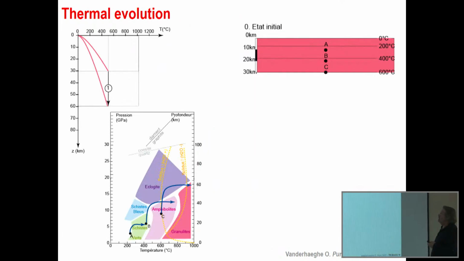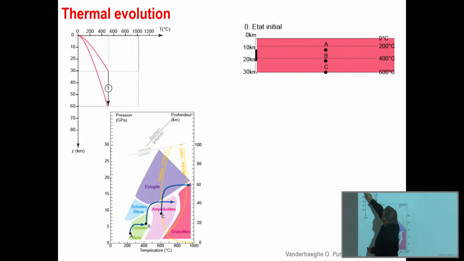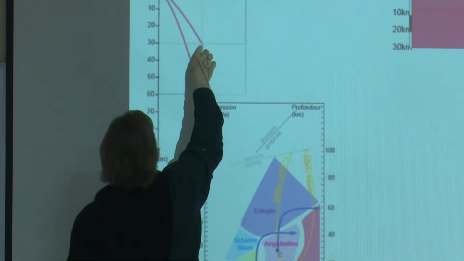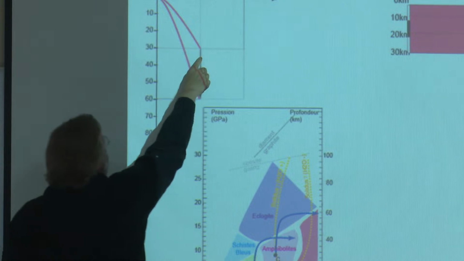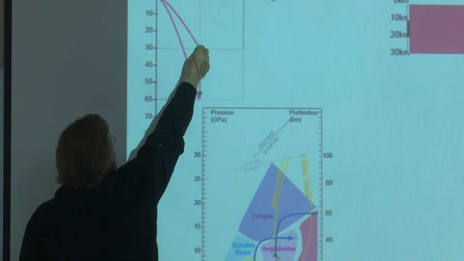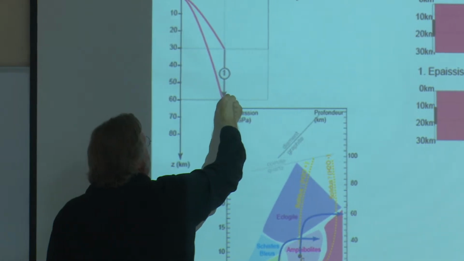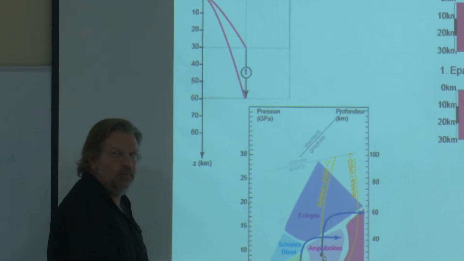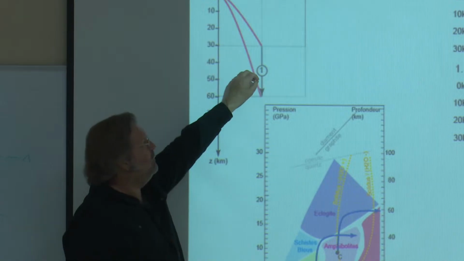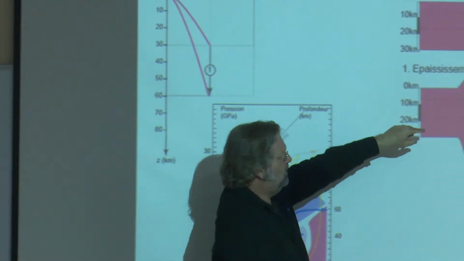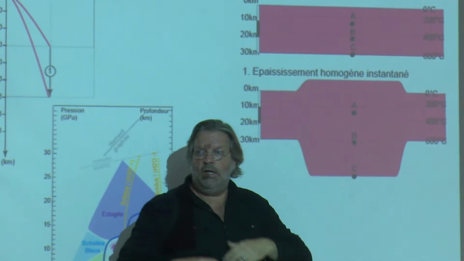So in terms of thermal evolution, just first, again very simple, just graphically. Take a 30-kilometer crust to start with, with a geotherm in red, with less than 600 degrees at the Moho, and take this point and instantaneously put it at 60 kilometers. That means that crustal thickening is much faster than heat conduction.